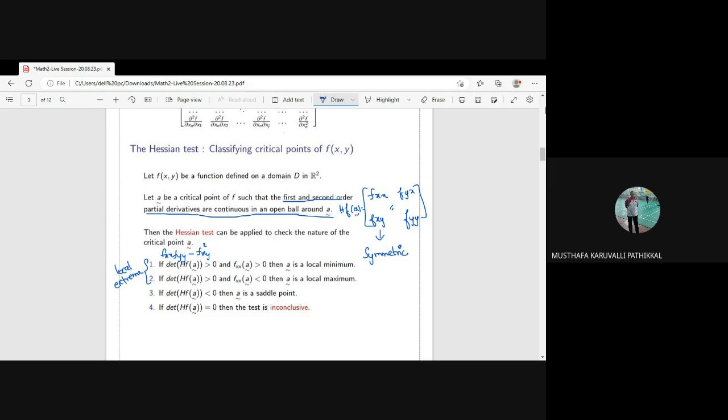Since I am going the route of just using the Hessian test, I haven't marked it, because it is inconclusive. As per the Hessian test, it is inconclusive, but with common sense it is a local or global minimum. So in such a situation, in the exam, what do we do?